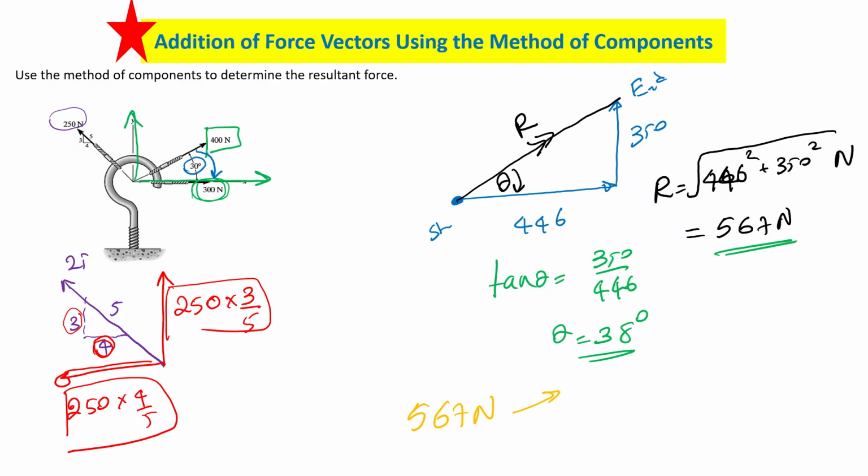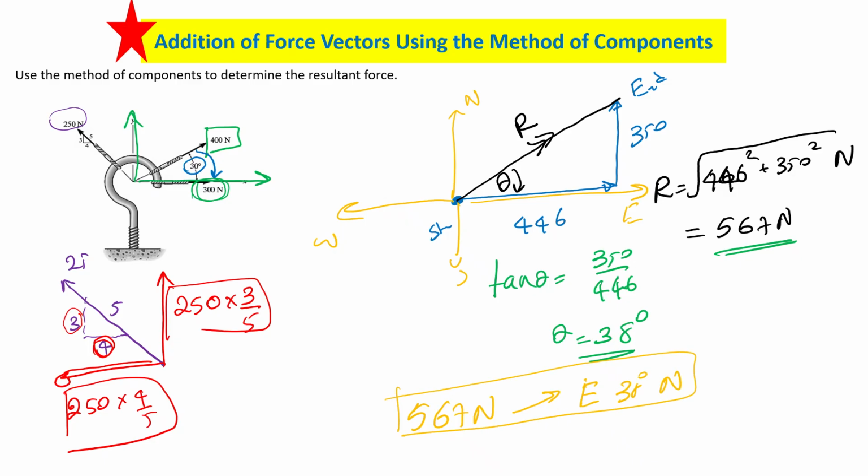This is north, this is south, and this is east, west. So this is from east to north, 38 degrees. So you can write it as this. And the other way is from the positive x direction in the counterclockwise direction, 38 degrees.